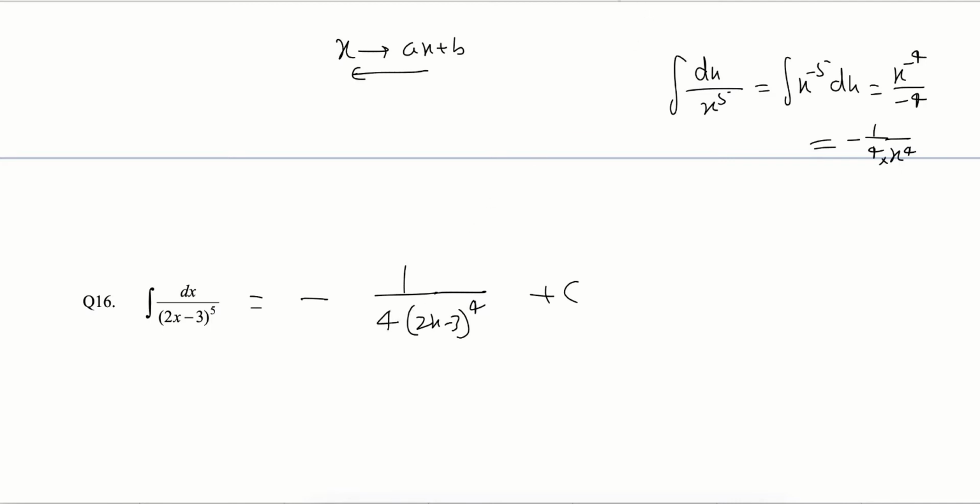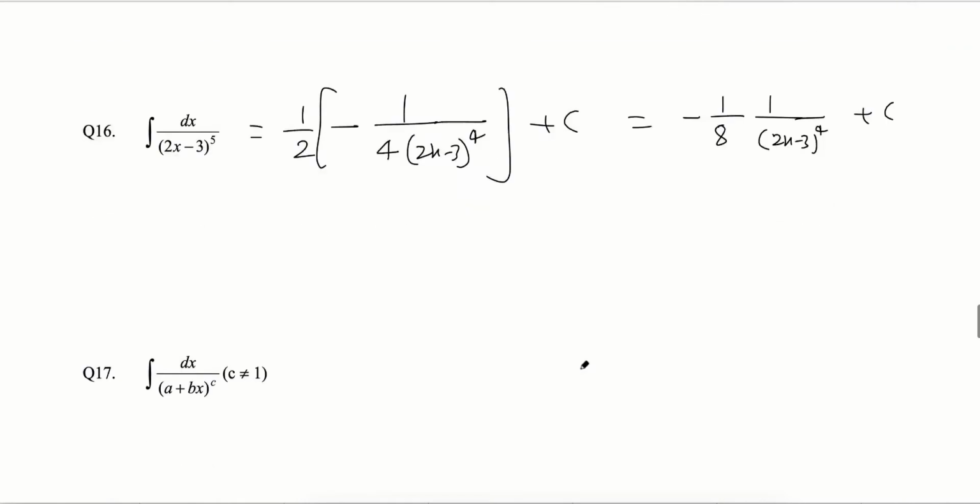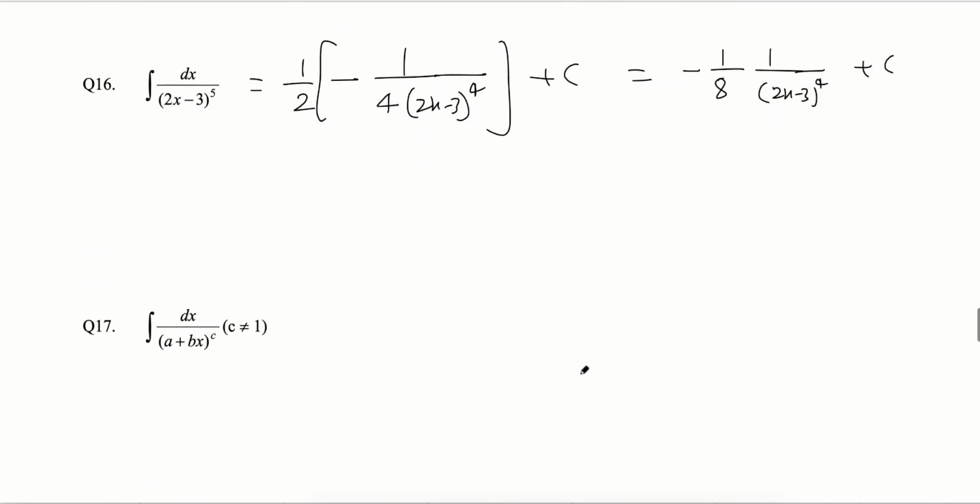I don't understand anything.' That kind of situation I don't want. We have to divide by the coefficient of x, because you are replacing x by something, so by 2. So finally, you can write the answer: minus 1 by 8 into (2x minus 3) raised power 4 plus c. This will be your answer. Am I right? Next. All are the same kind of question.